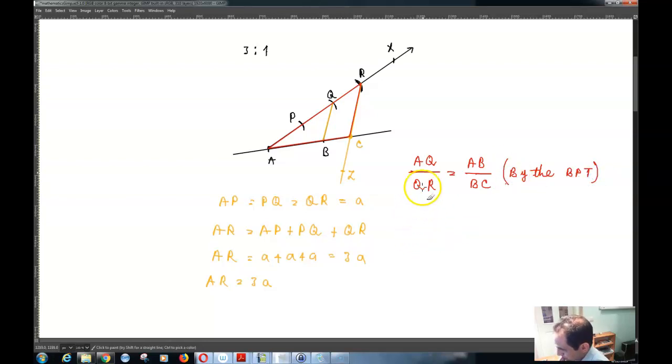Now AQ, since I call AP, for example, A, I can call AQ 2A, and QR I can call A.